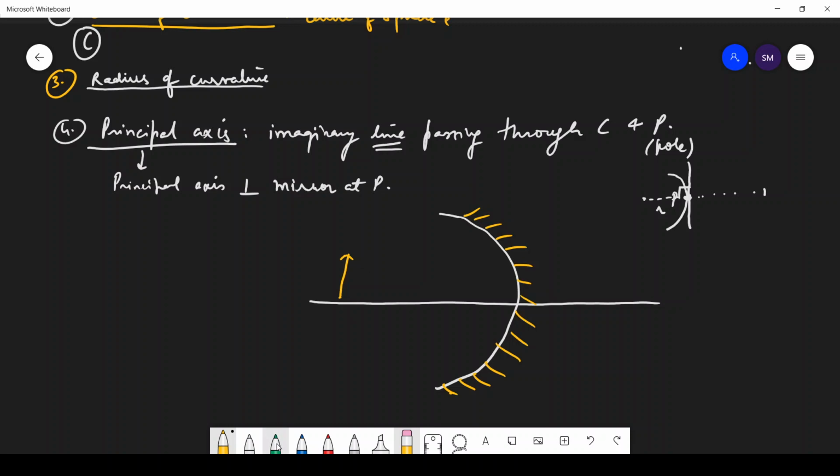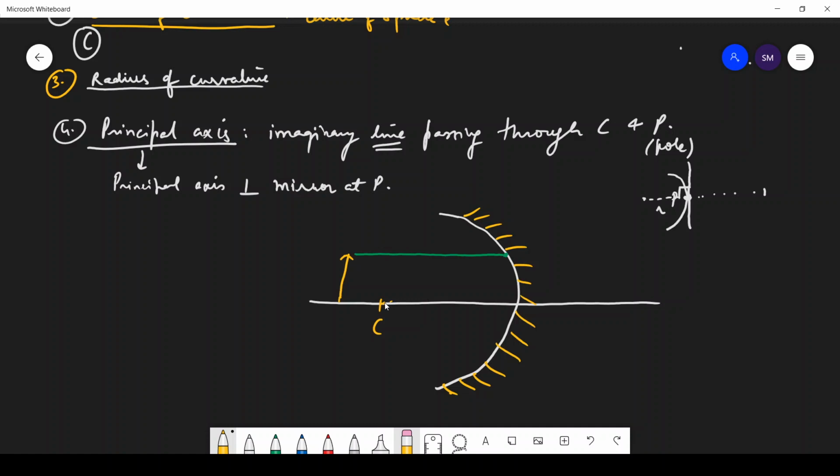Light rays from this object strike the surface at this point. Now suppose this is your center of curvature.